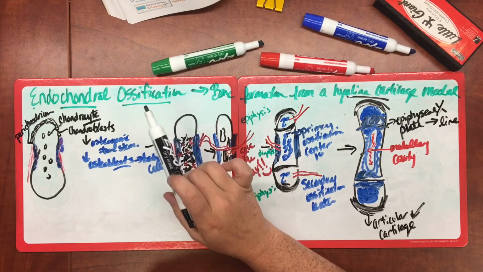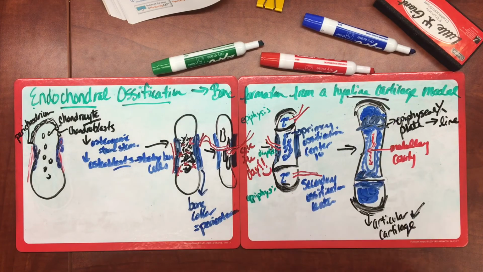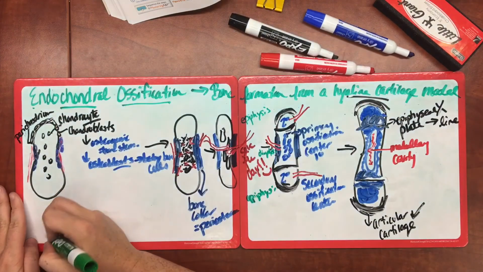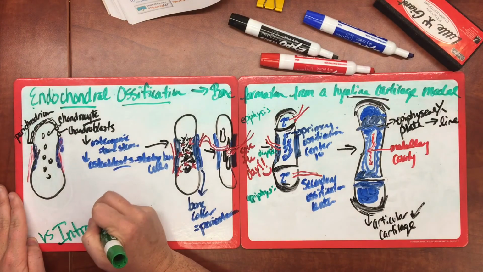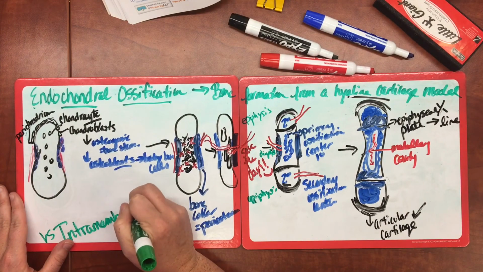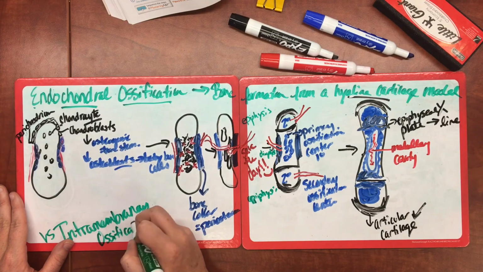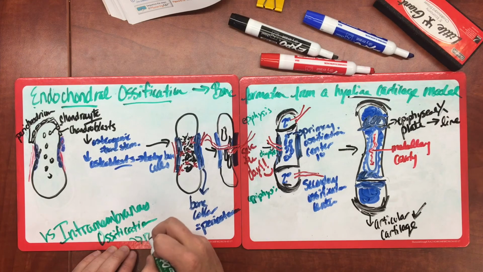Remember, this is how all your long bones form, through this hyaline cartilage model. The other way that bones form, if you remember, is intramembranous ossification. We think of these as our dermal bones or our roofing bones of the skull.